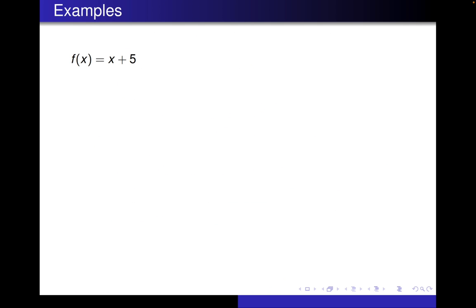All right, so let's look at an example. I told you the action of adding 5 is canceled out by the action of subtracting 5. If we want to think of the action of adding 5 as a function, what we're doing is taking an input and then adding 5 to that input. So if x is the input, x plus 5 is the output. And then the inverse function is going to be the action of taking your input and subtracting 5. So f inverse of x is going to be x minus 5.